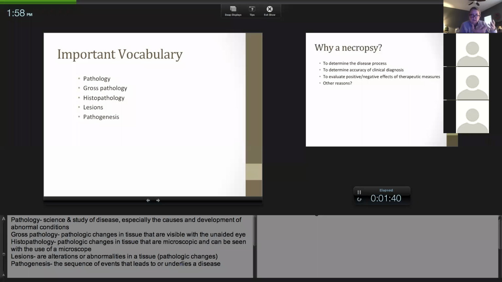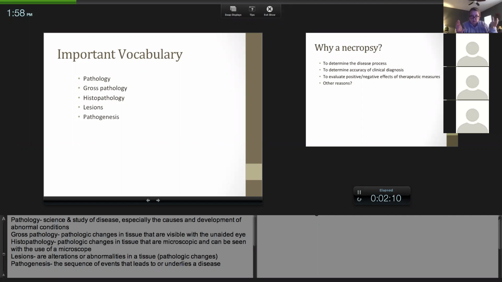They will look at it microscopically and ask whether there are any microscopic changes in the spleen that would explain the disease. That's the difference, and you will need to know this for the test. What's the difference between gross pathology and histopathology? Gross is abnormal changes that are visible, and histo is changes that are not visible to the naked eye.